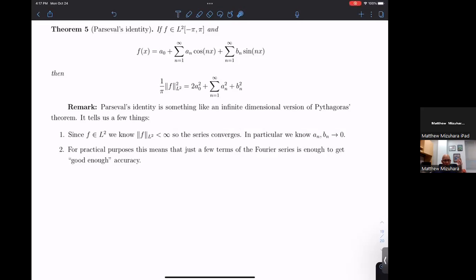And so my first remark is we should think about this as something like an infinite dimensional version of Pythagoras's theorem. And it's really nice to remark on this a little bit, because remember, what does Pythagoras's theorem really say?